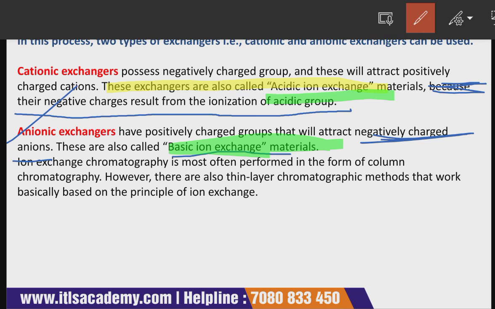Ion exchange chromatography is most often performed in the form of column chromatography. It is very much similar to what we have studied about column chromatography, so it works on that principle. However, there are also thin layer chromatographic materials that work based on the principle of ion exchange.